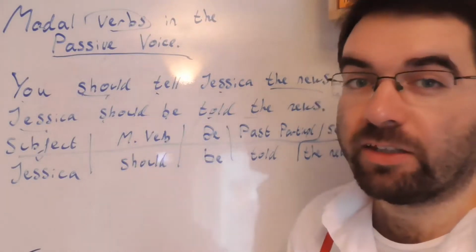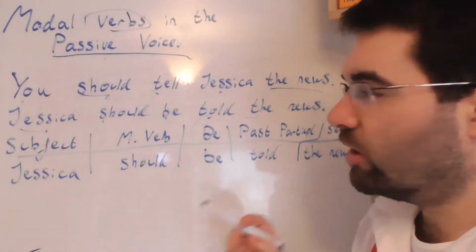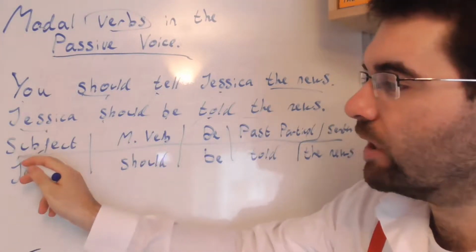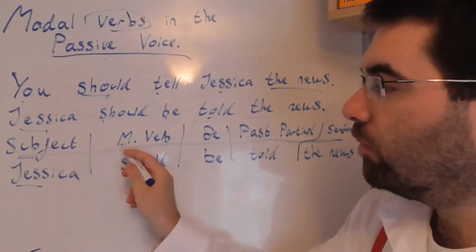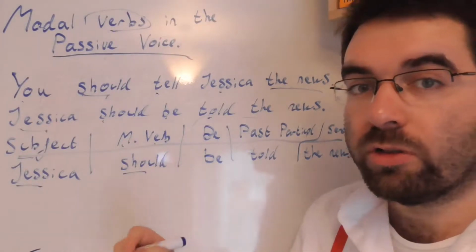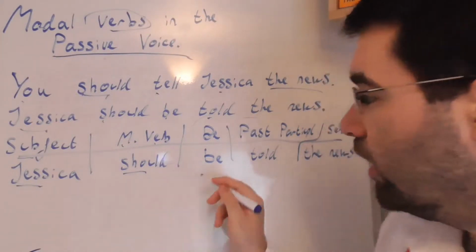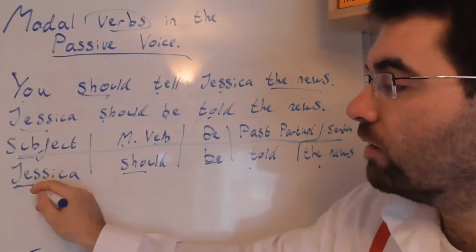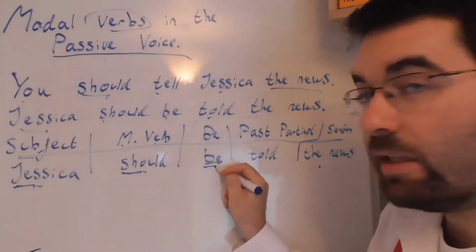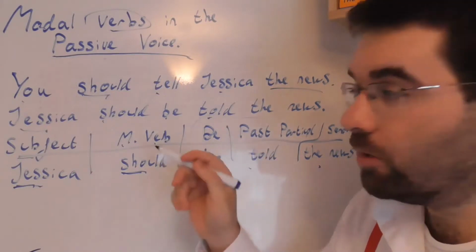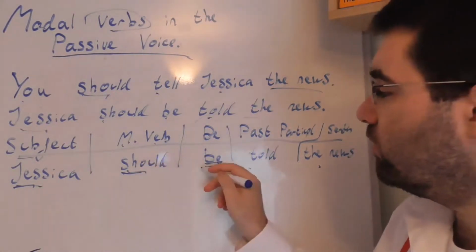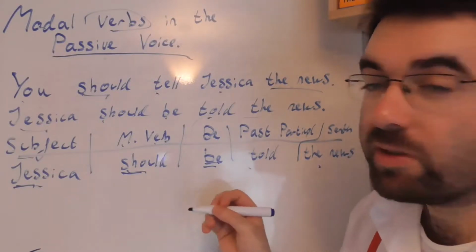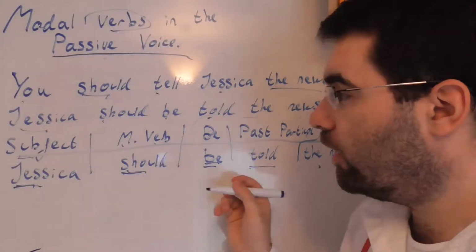Let's move the sentence around a little bit. Jessica should be told the news. Let's have a look. So, subject, Jessica. Modal verb: should, could, would, must, may. Be, told the news. Adrian should be, with the modal verb, should be, could be told, informed, let's say told what to do.